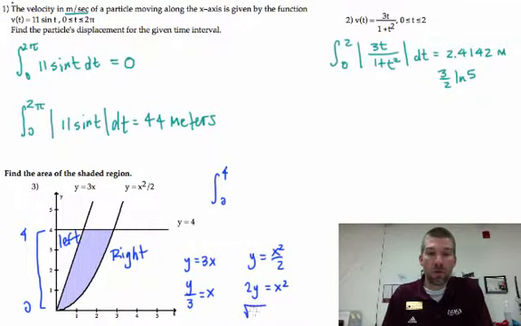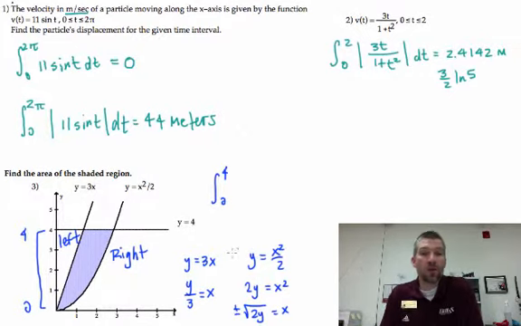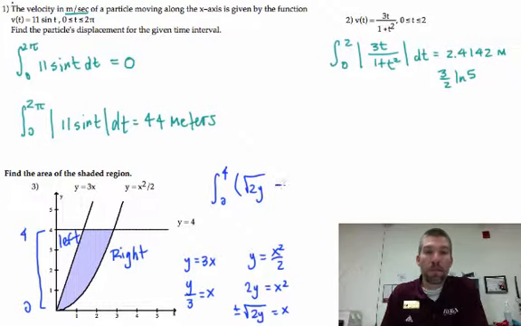So the square root of 2y equals x, and it's plus or minus. Since we're in the first quadrant, we take the plus square root of 2y. So my problem becomes my right equation, which is this parabola shape, the square root of 2y, minus the left equation, which is y over 3.